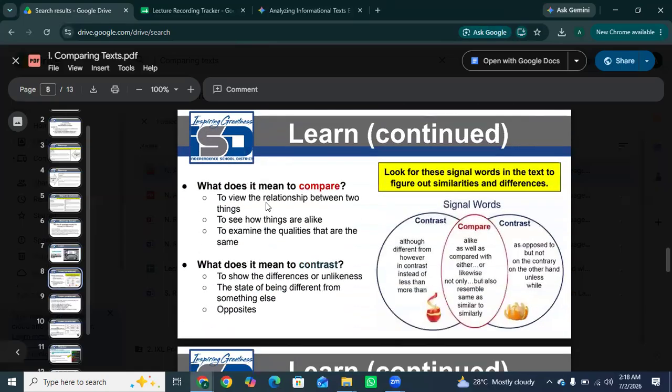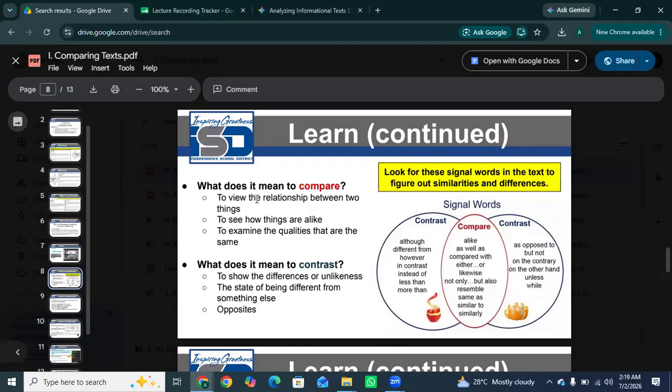This slide teaches you the definition and clue words to look for when looking at two different texts. I will tell you what compare and contrast mean. Compare means looking for how things are alike or the same, and contrast means looking for differences or opposites.